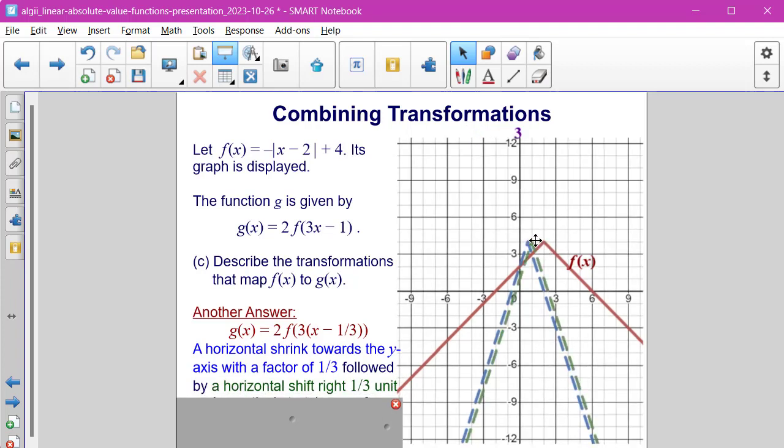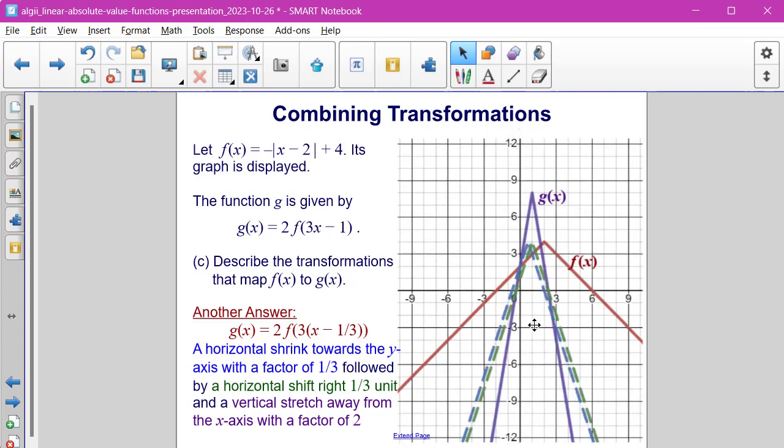And when we do that, we now end up at the vertex of 1, 4. And still, because the 2 is outside of the function, that transformation has to go last in this case, and that's the vertical stretch away from the x-axis by the factor of 2. So it's going to make the graph much longer, and it stretches further away on both sides of the x-axis.